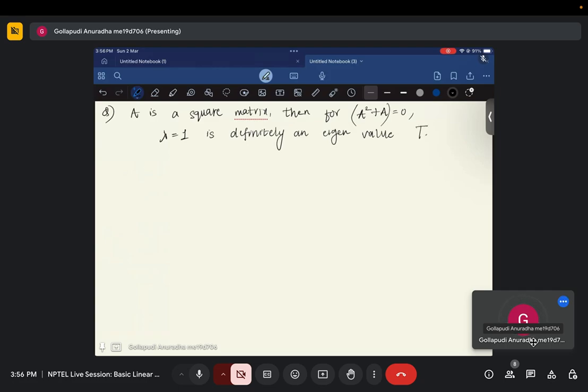True or false? For this matrix, I'm saying lambda equals 1 is definitely an eigenvalue.